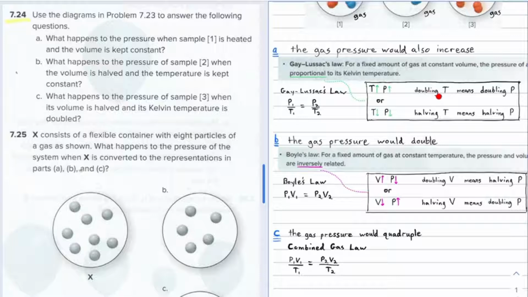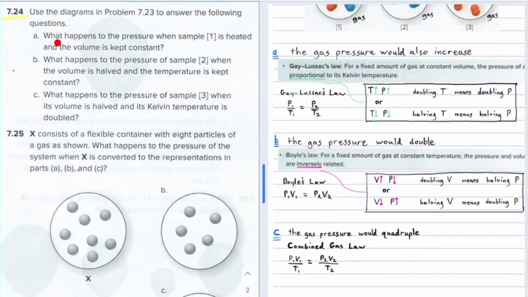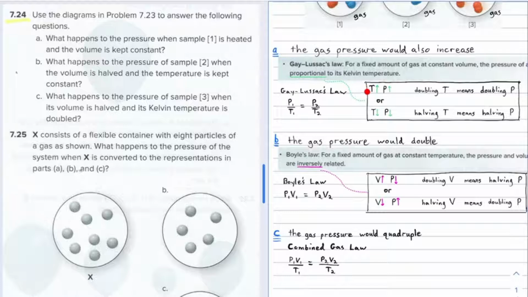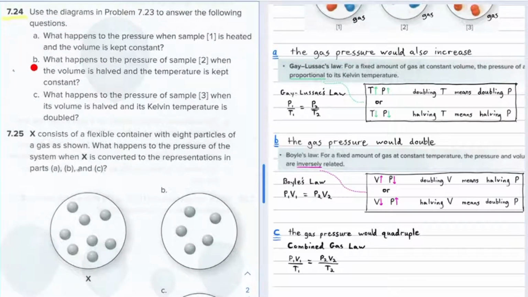If you double the temperature, you also double the pressure. Likewise, if the temperature were to go down, the pressure would go down. If you cut the temperature in half, you would also cut the pressure in half. So if the sample is heated, that means the temperature goes up. It doesn't tell us how much it goes up, so all we can say is that the pressure would also go up.